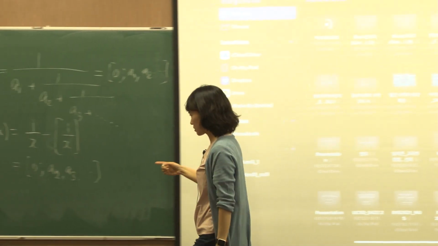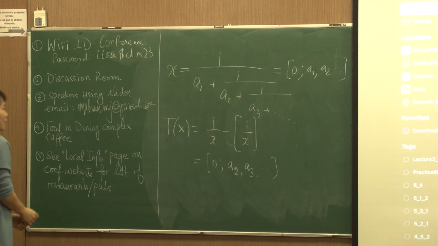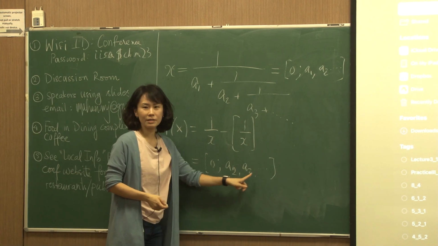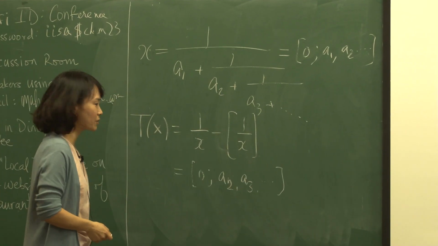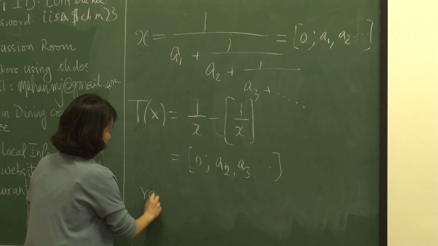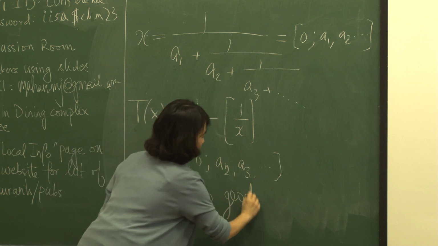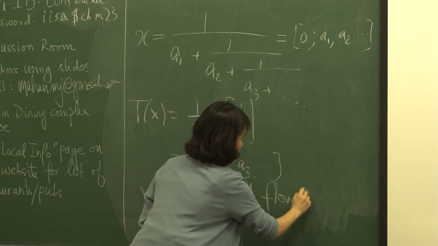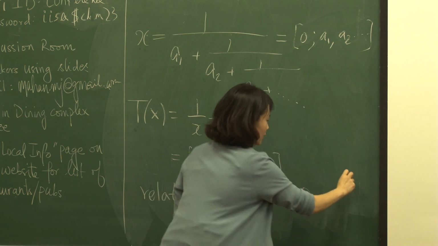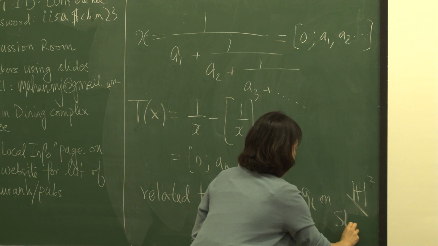I'd like to remind you that the digits that you see in the usual continued fraction expansion are related to the geodesic flow g_t on the hyperbolic plane mod SL2(Z).